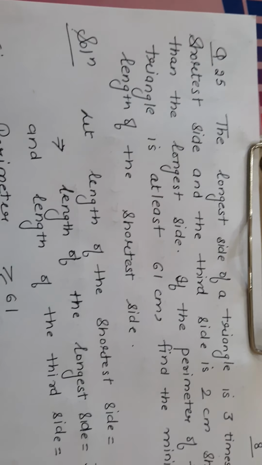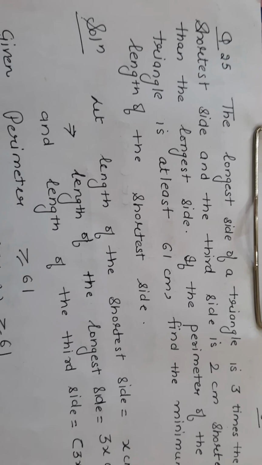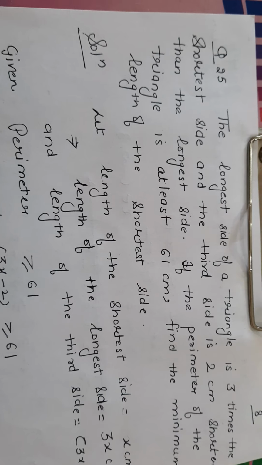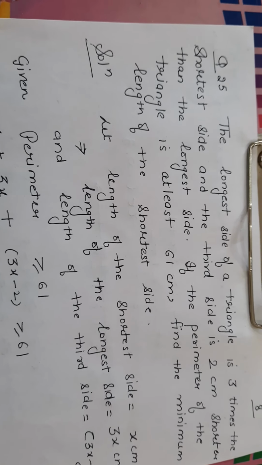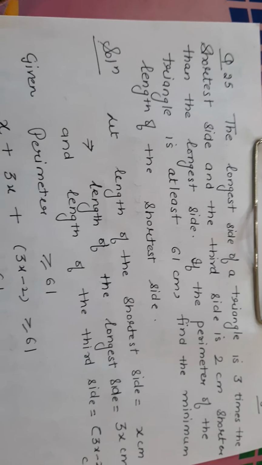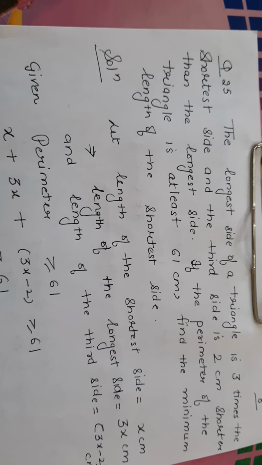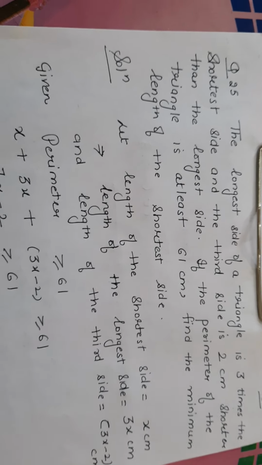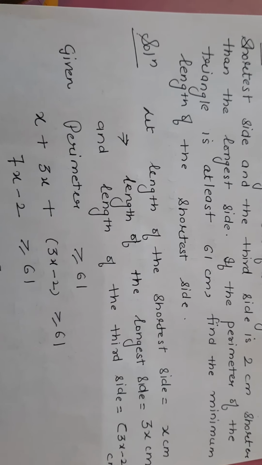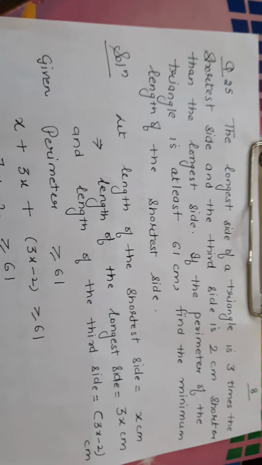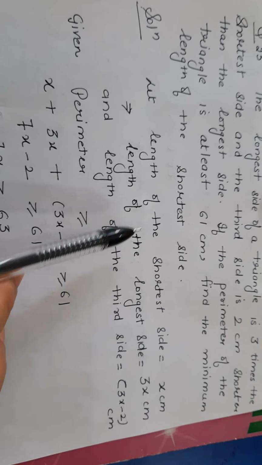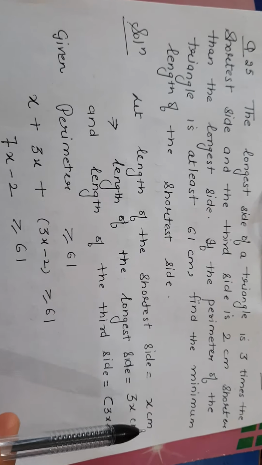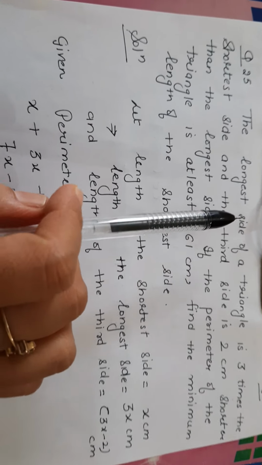Question number 25. The longest side of a triangle is 3 times the shortest side, and the third side is 2 centimeters shorter than the longest side. If the perimeter of the triangle is at least 61 centimeters, find the minimum length of shortest side. First we suppose that the length of shortest side is x centimeters.